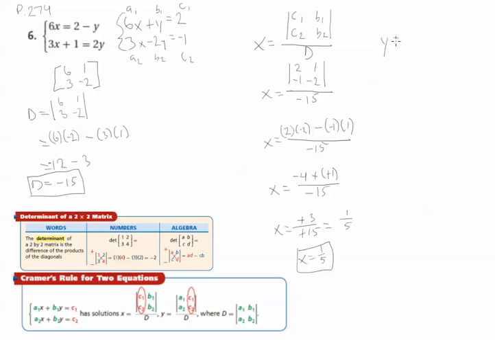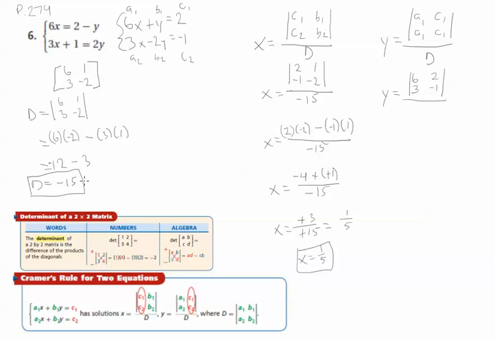Now to find my y value, I'm going to keep my A coefficients, my x coefficients. To find the y, I'm going to replace the y coefficients with my C's. Find the determinant of that. It's all going to be over D. So y will equal, my x coefficients are 6 and 3. My C1 and C2 are 2, negative 1.